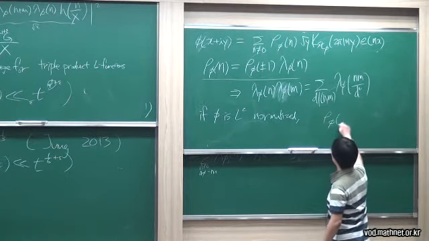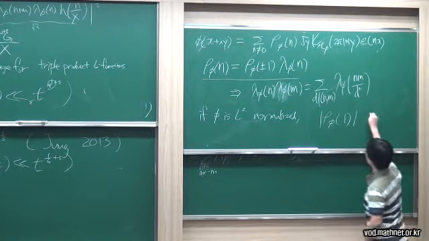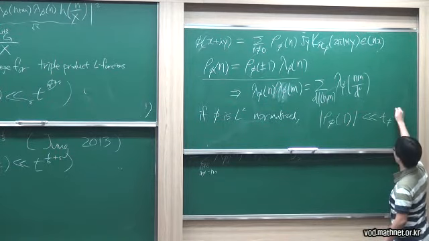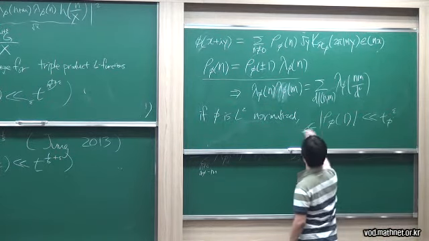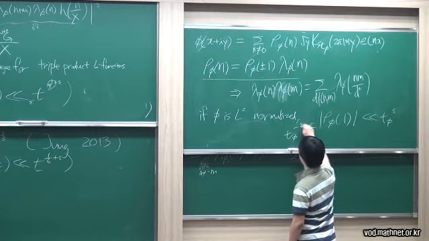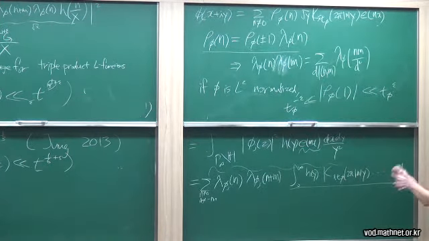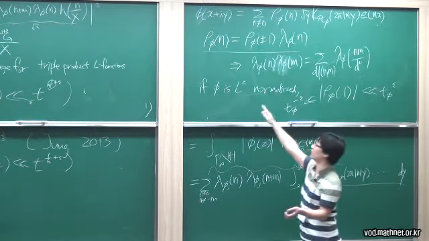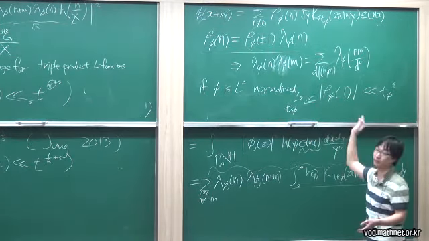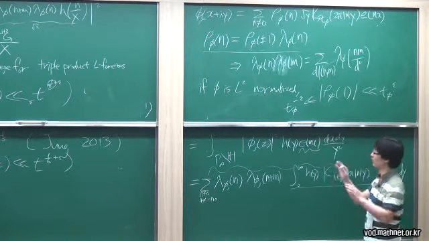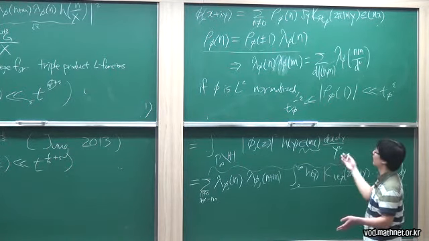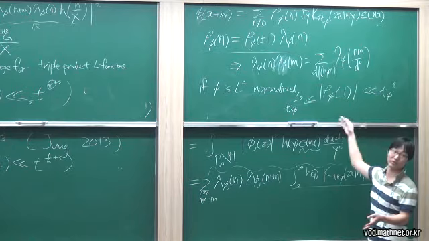that lambda phi 1 is less than t phi to the epsilon and greater than t phi to the minus epsilon, which tells you that the two different normalizations, having L2 norm equal to 1 and having first Fourier coefficient equal to 1, are actually almost the same.